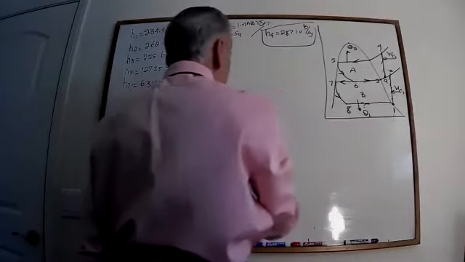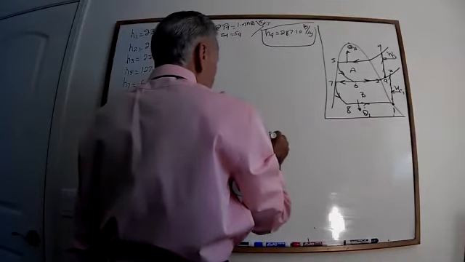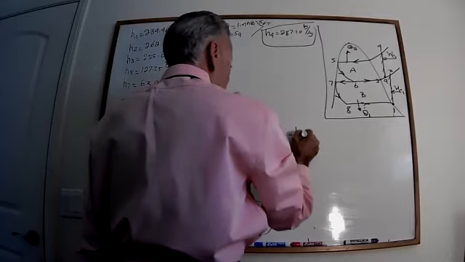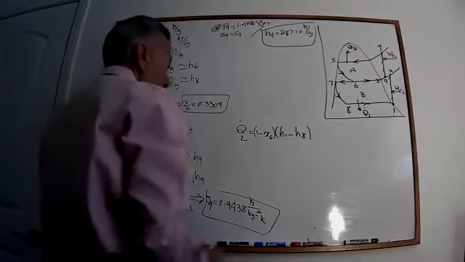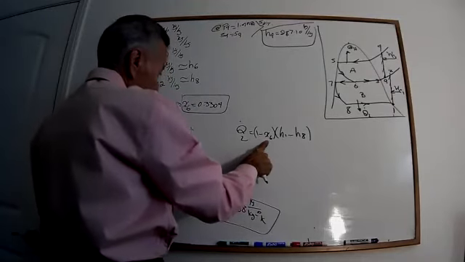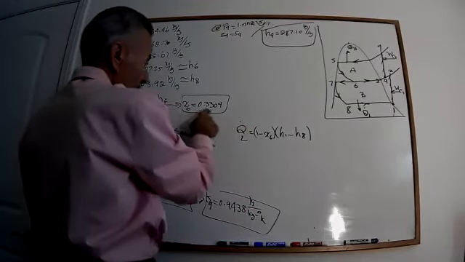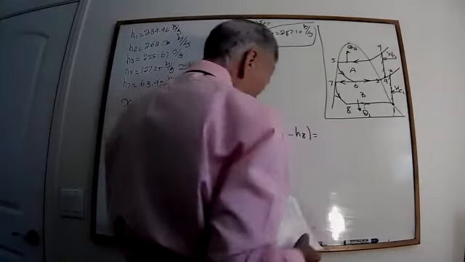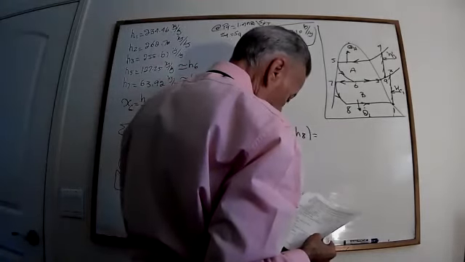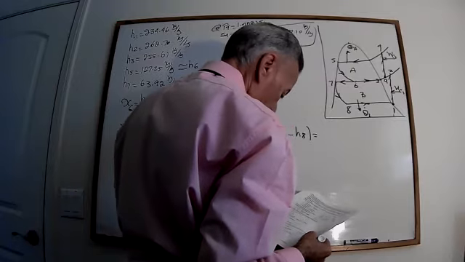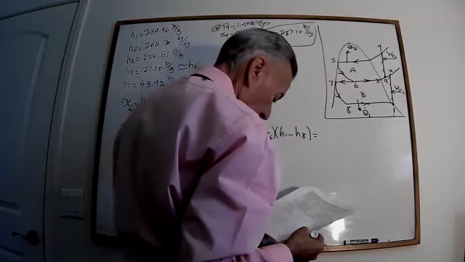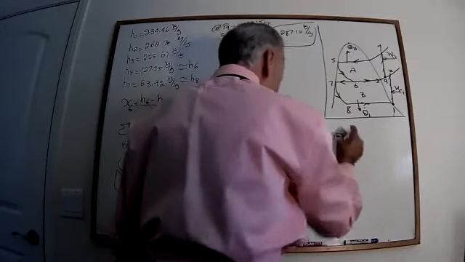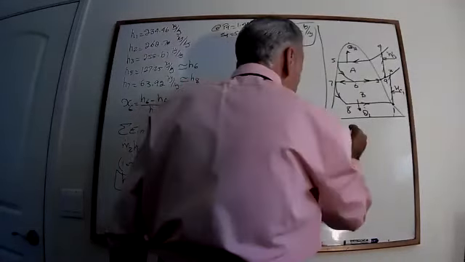The mass flow rate here is (1 minus x6) times h1 minus h8. I have the value of x6, which is 0.339, and I have h1, I have h8. If I plug it in, I will find the QL value to be 28.55 kilowatt.